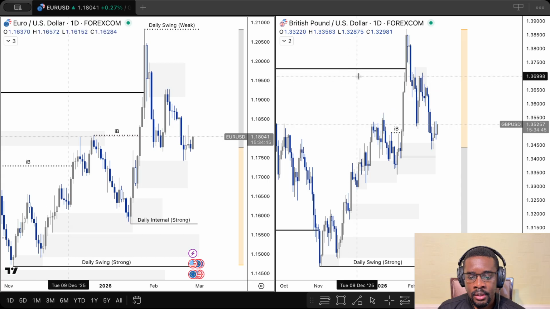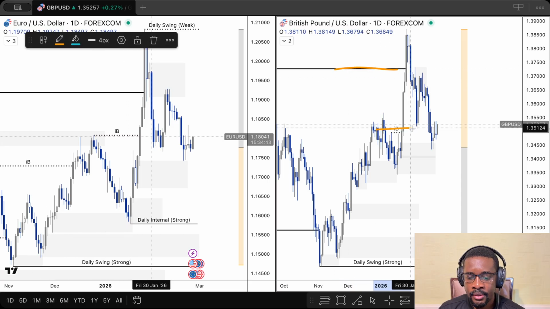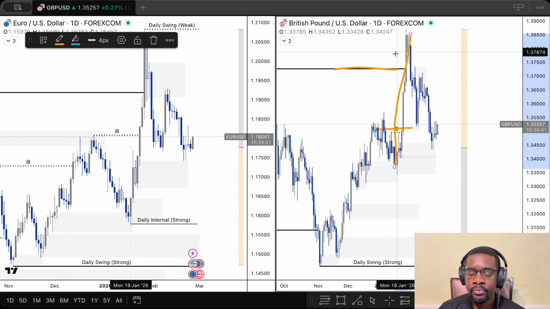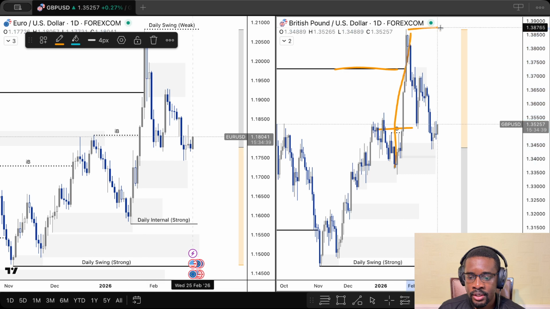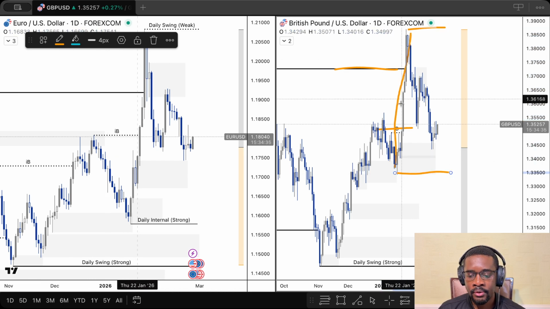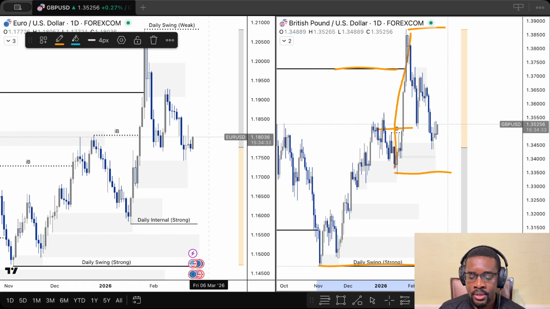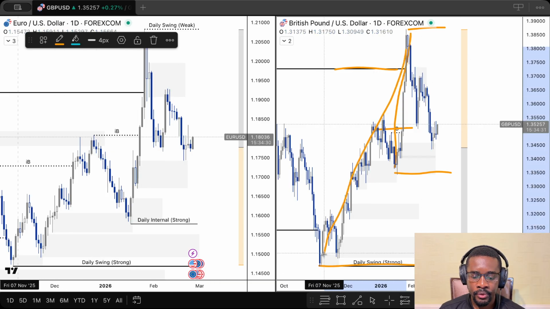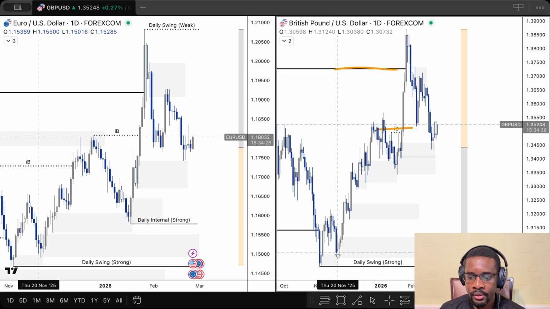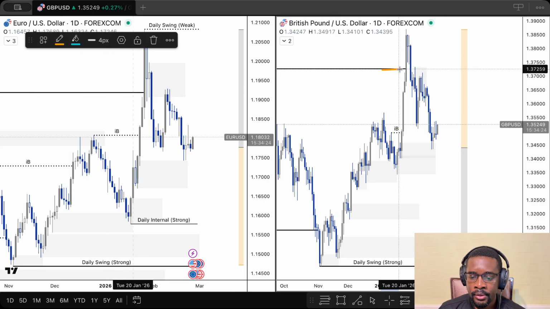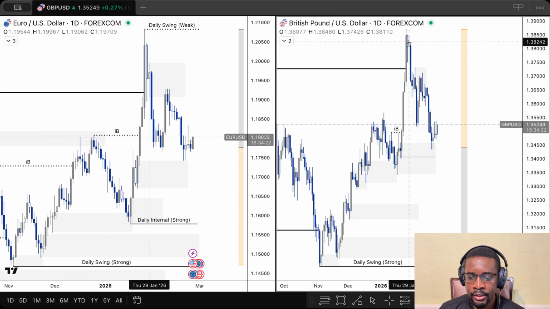So on the pound, it's pretty much the same thing. We had our internal breakout structure as well as our swing breakout structure, and this is the range that we're in on the internal, and then from the swing it is all the way down there. So pretty much price is bullish. However, after we had a breakout structure, we do expect a pullback to kick in.